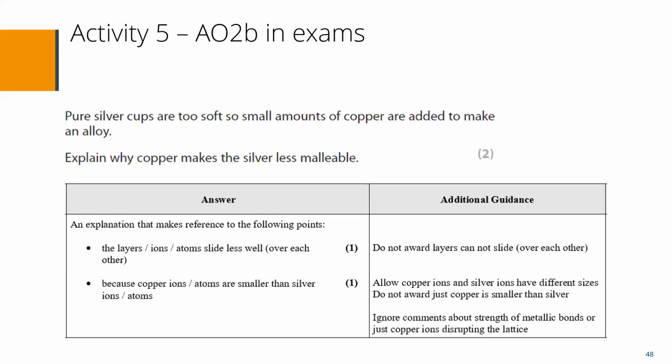I've never understood why metallic bonding is described as ions and delocalized electrons. To me, it's atoms and delocalized electrons, and the metallic bonding is the attraction between the nuclei of those atoms and the delocalized electrons.